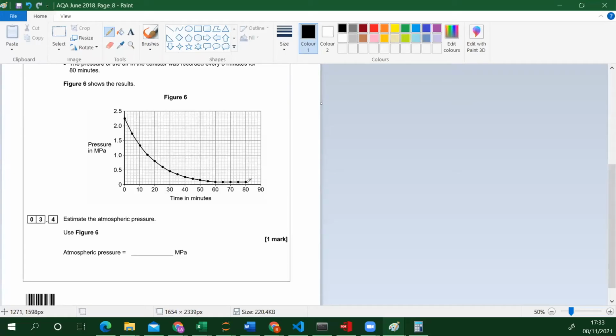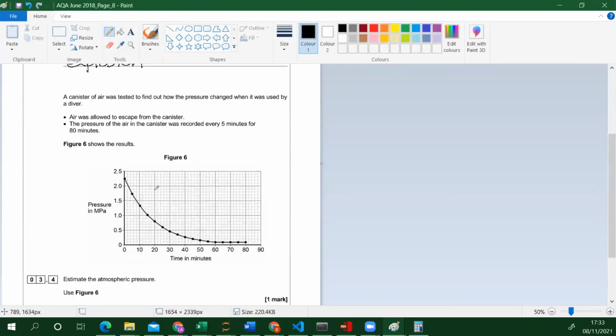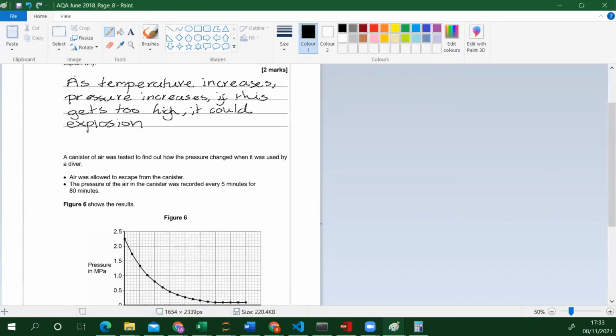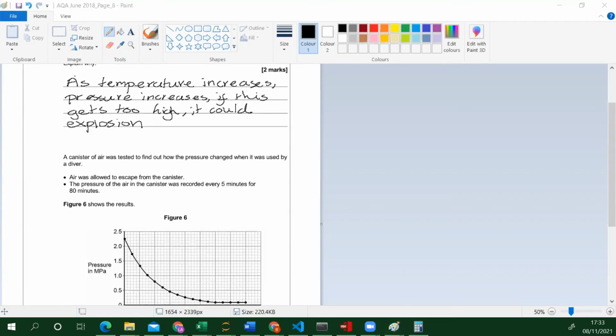This is quite a nice graph. It goes to 0.1 megapascals. Let's have a look at the next page. You might have to go on to part 3.